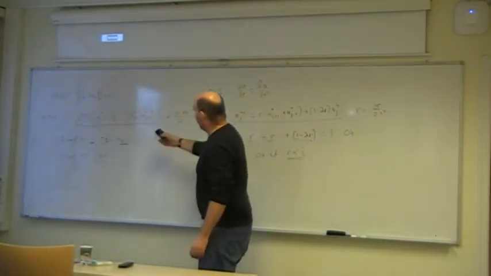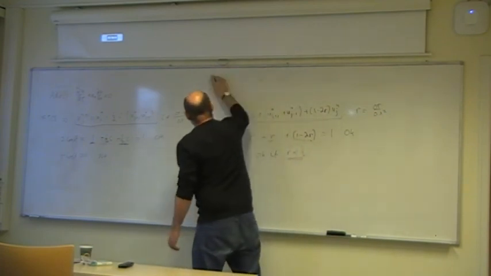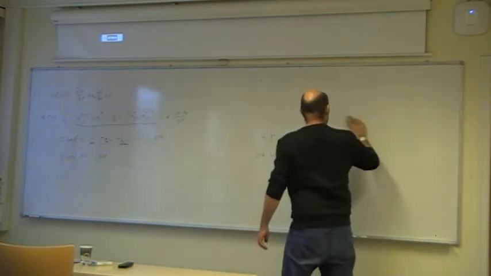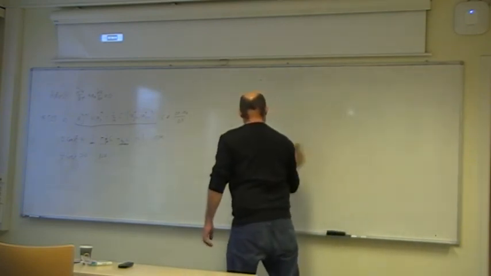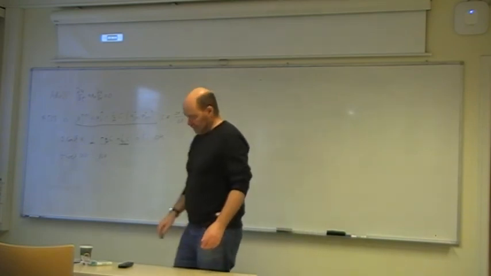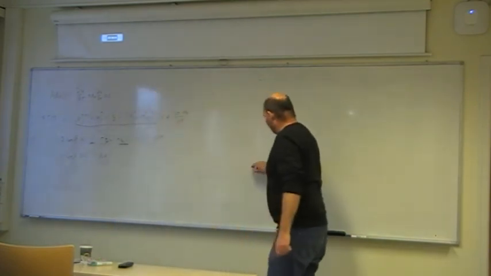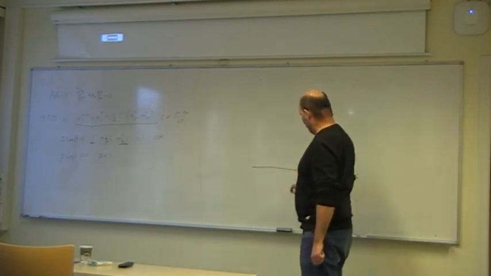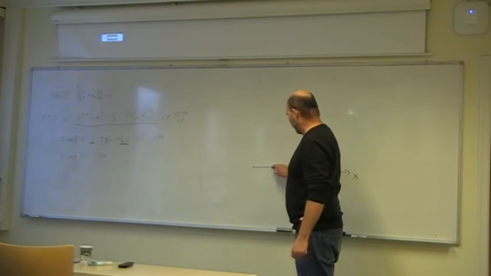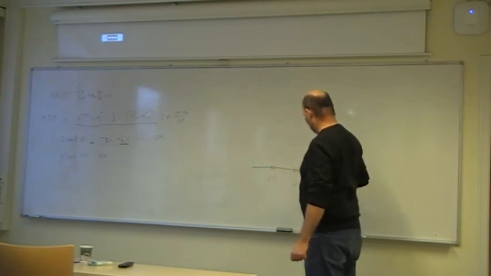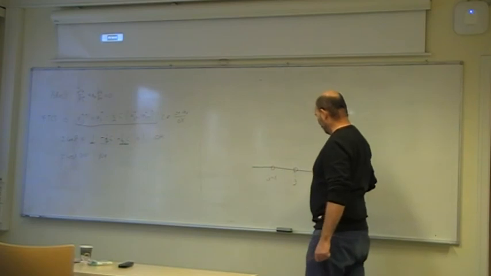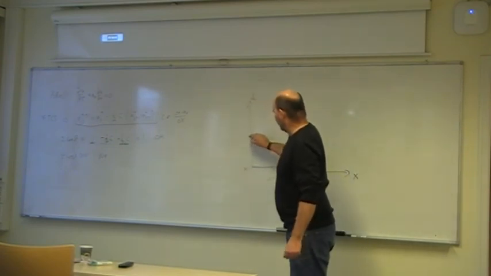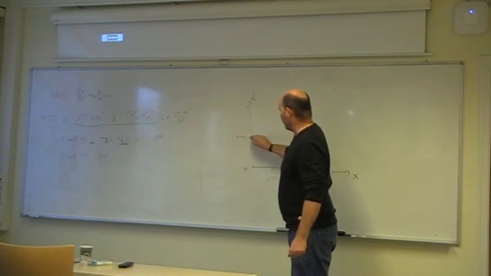let's see, we have the advection equation there. So here I have x point j, and I have j minus 1 here, and j plus 1 here, and time level n, and here I have level n plus 1.